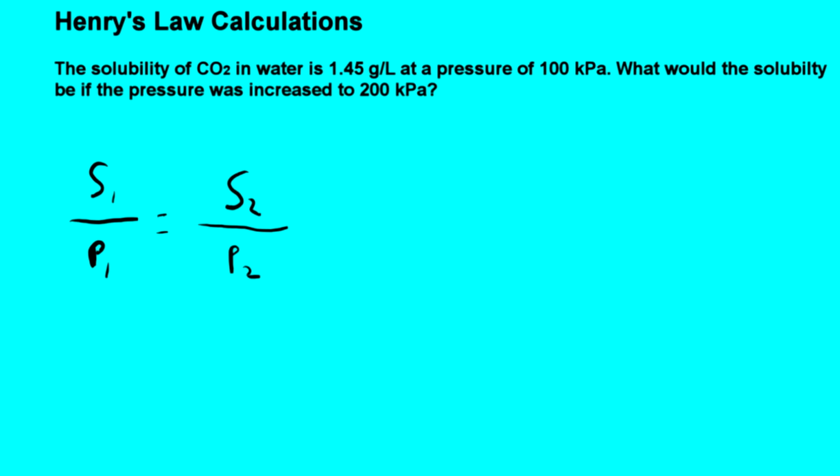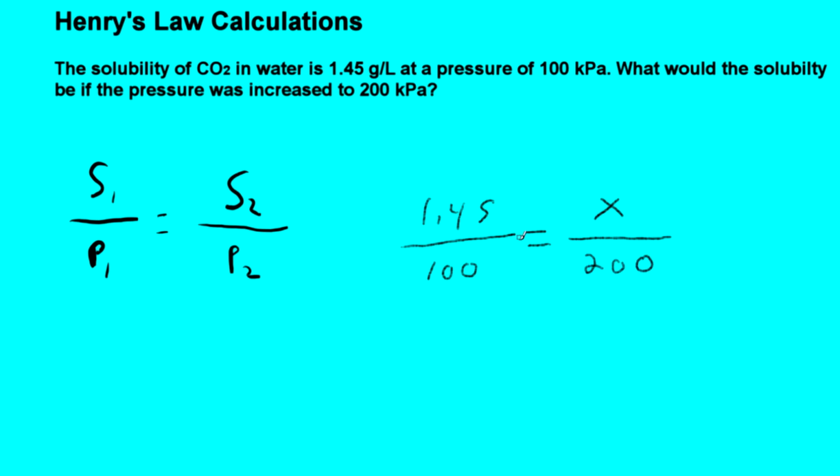These are pretty easy calculations, so let's take a look at this. Here's our formula. S over P equals S over P. So our solubility is 1.45 grams per liter at a pressure of 100 kPa. S over P equals, this is important, what is the solubility X if the pressure increases to 200 kPa?